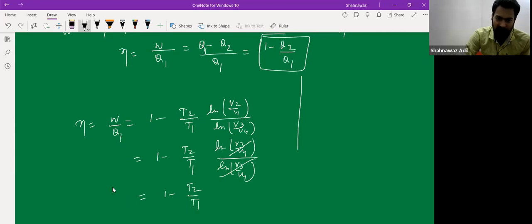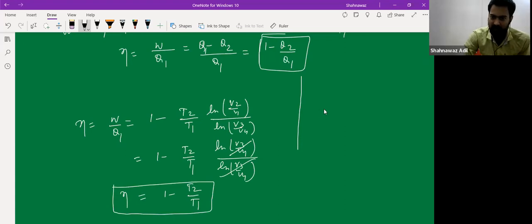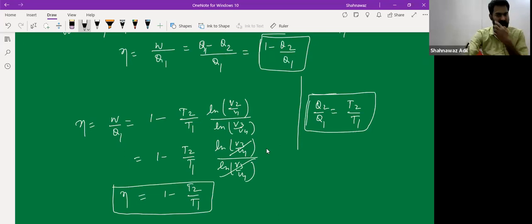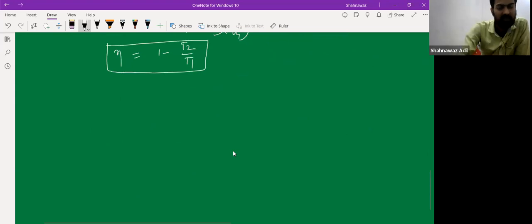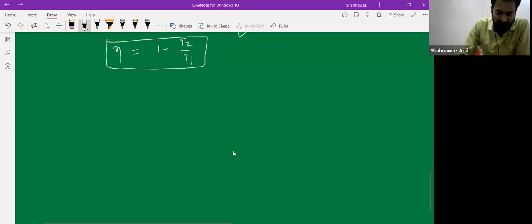So this is the efficiency in the form of temperature. So always remember that Q2 by Q1 is T2 by T1. This you will get, right, in the case of heat engine. Okay, so this is the efficiency, and there is some reverse process which is called the refrigeration.